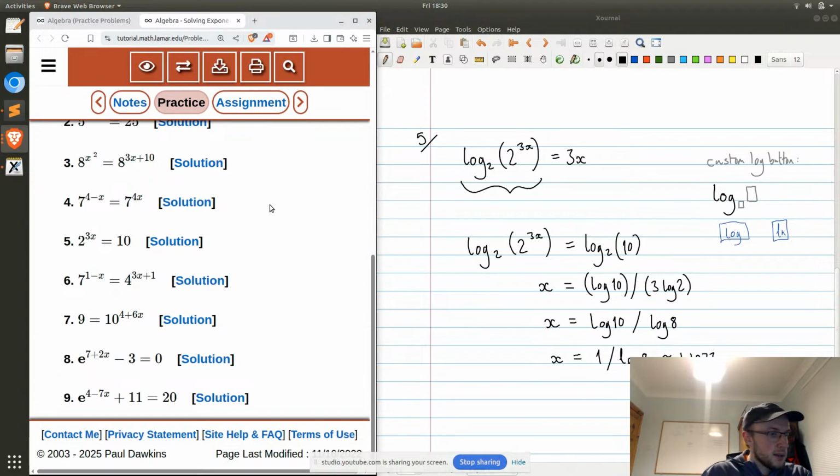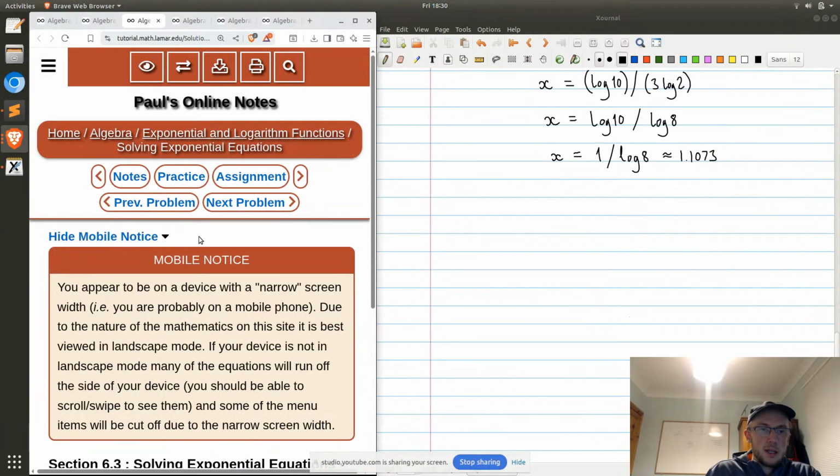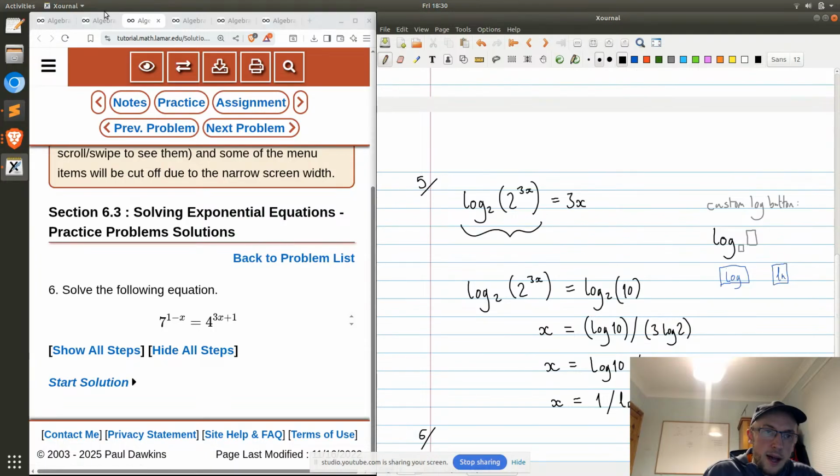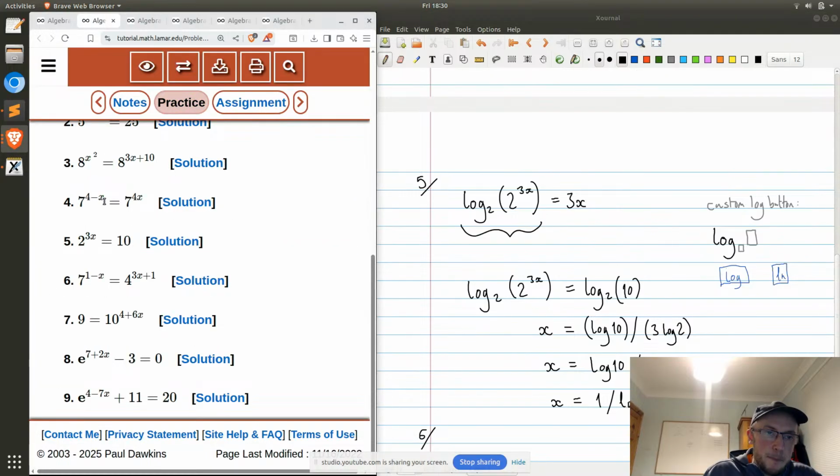Let's now look at problems 6, 7, 8, and 9. Problem 6. Now, instead of having a nice whole number over here on the right, now we have 7 to the something and 4 to the something.